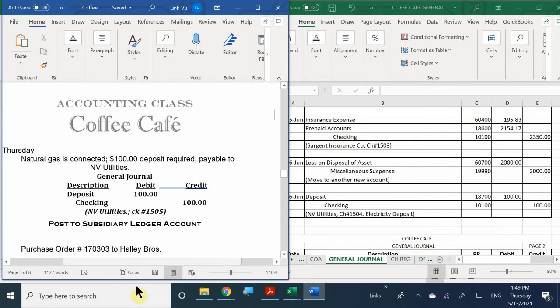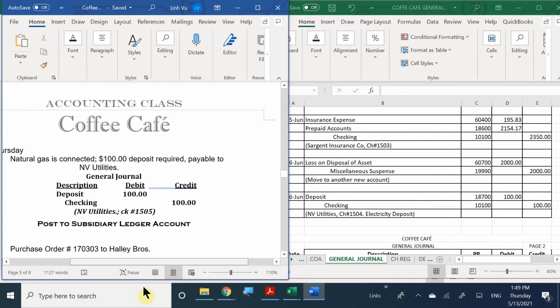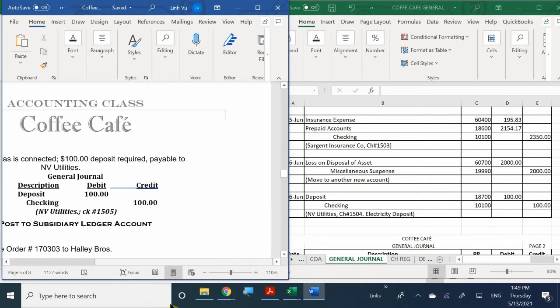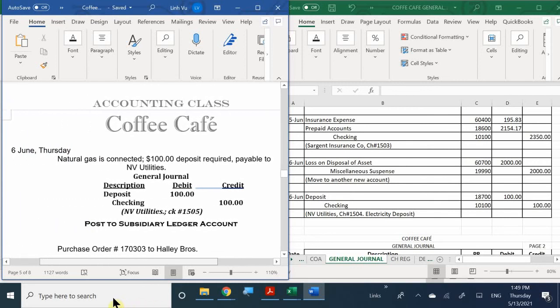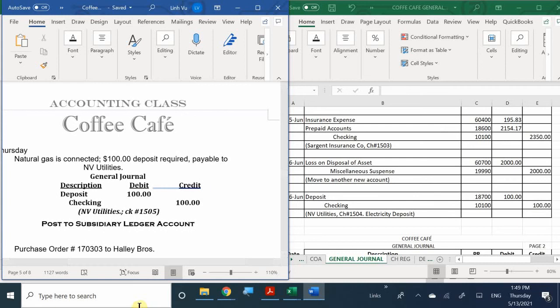It would have been better if you had just done it all at once, but in this case, you have another transaction where it requires you to make another check payable to NV Utilities. So maybe it's something that you forgot or didn't think about until now, and you're like, okay, all right, since I got the electricity going, now I need the gas to be going, and then I need to get water to be going.